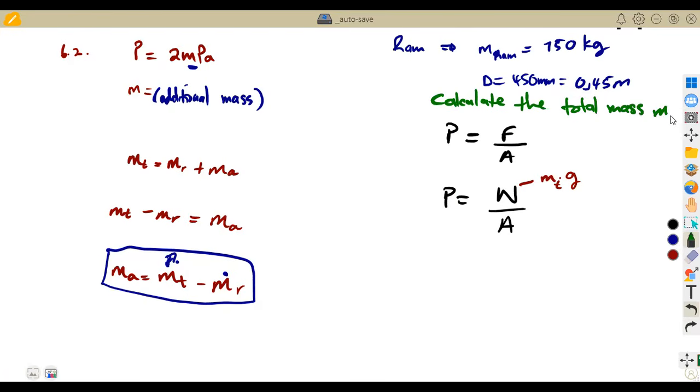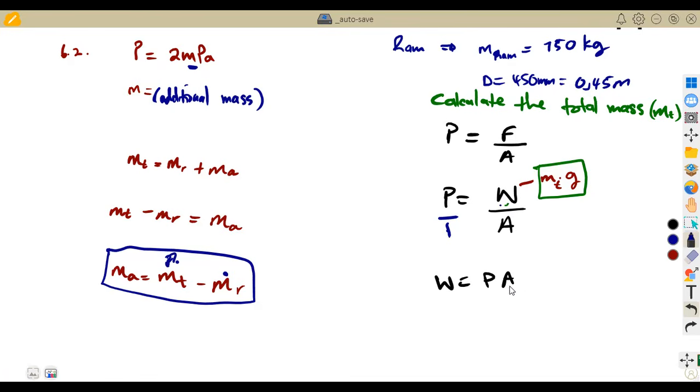So the total mass is our MT, which is going to come from the weight that we are going to find here. Since the weight is the one that carries the mass, calculate the weight. How can you calculate the weight? Simply cross multiply 1 times this. We're going to have our weight being equal to pressure times the area.